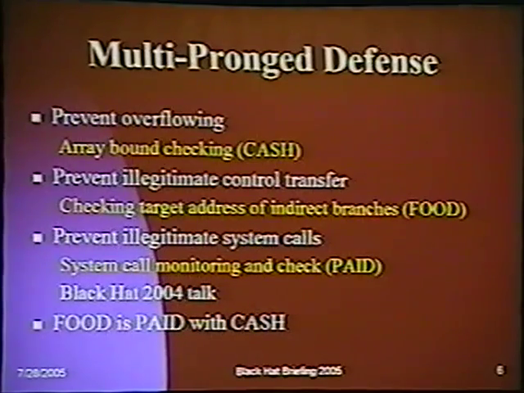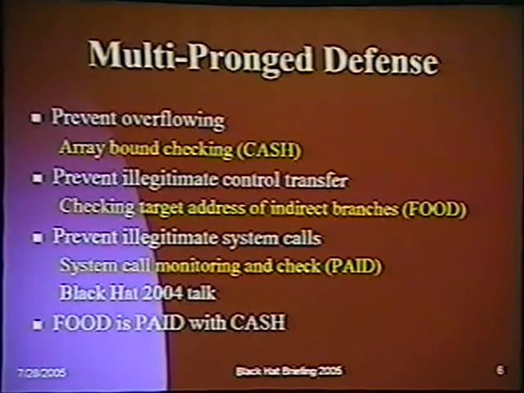Or you can say that the attacker is really good, and somehow overflows something, steals control of the application, and then starts making system calls. You can also stop these control hijacking attacks by preventing all illegitimate system calls. You have to have a notion of which system calls are legitimate and which are not. There's a project called PAID that does exactly that.